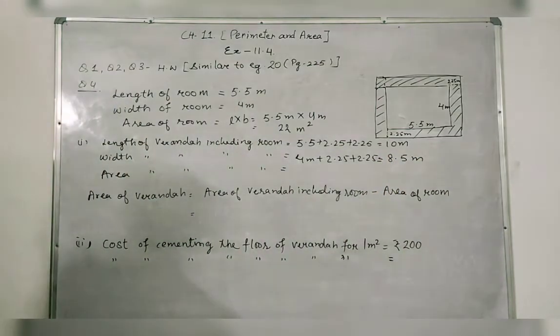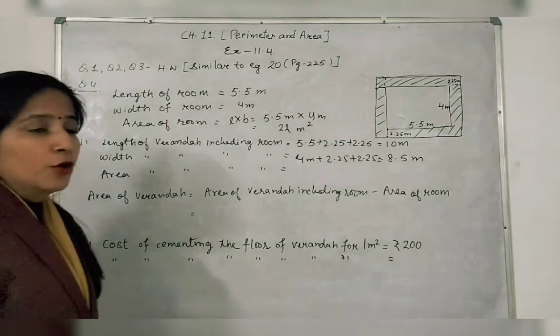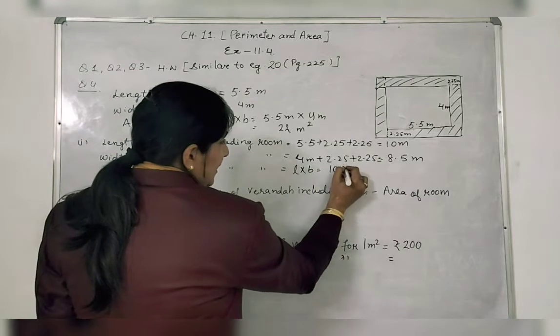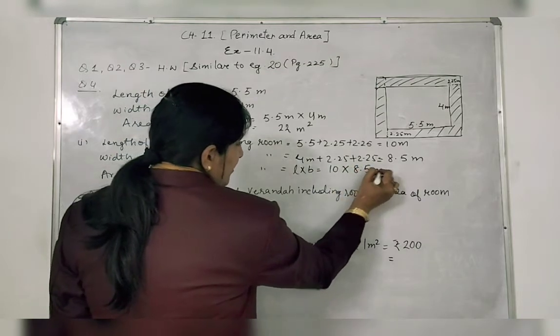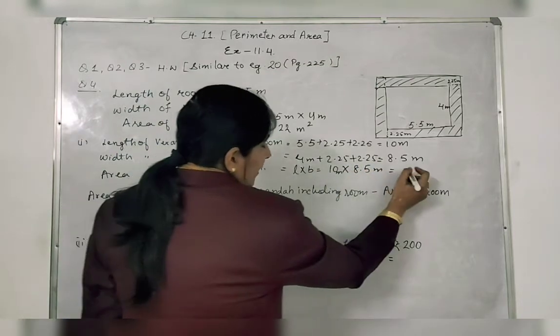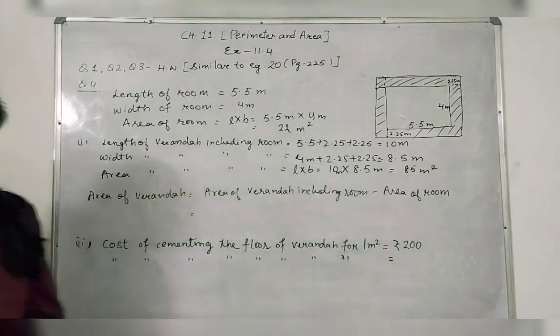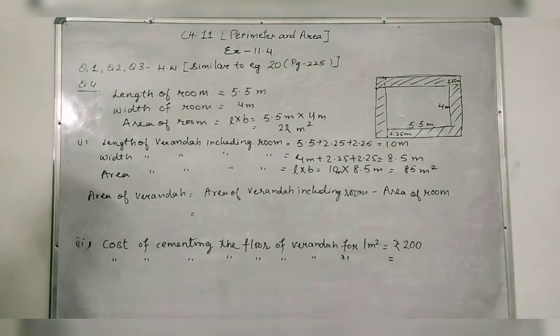Now it is time to calculate the area of the veranda including room. Again length into breadth, 10 multiplied by 8.5 meter, so that is 85 meter square. This will be the area of the veranda including the room. Now we need to calculate the area of the shaded portion, meaning the area of only the veranda. How can we calculate that?